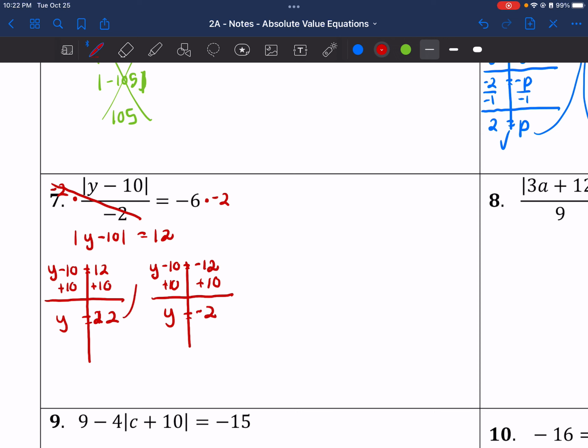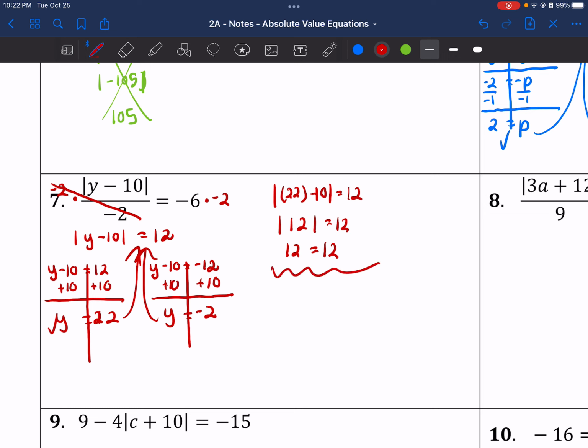I'm going to plug these back into my equation to check for extraneous solutions. Absolute value of 22 minus 10 equals 12. Well, 22 minus 10 is just 12. And the absolute value of 12 is just 12. So I get 12 is equal to 12. Y equals 22 is a solution.